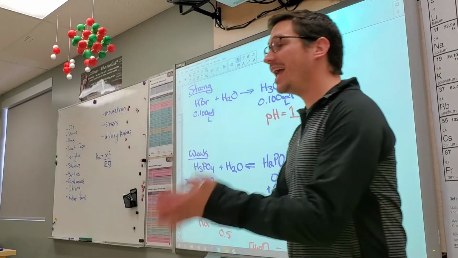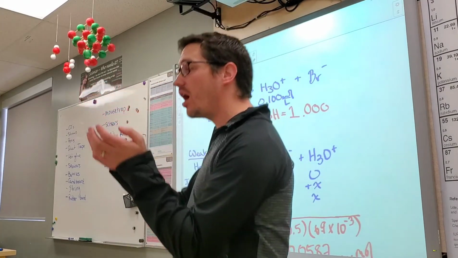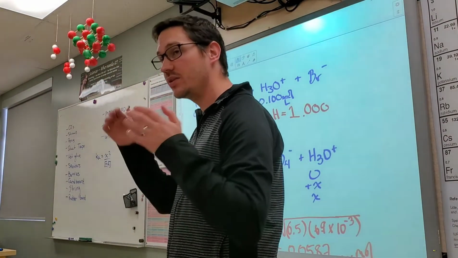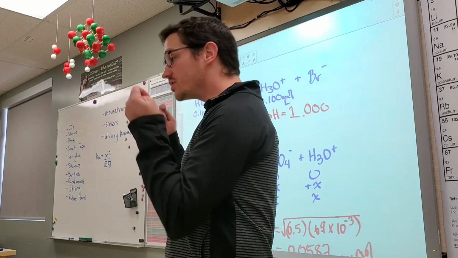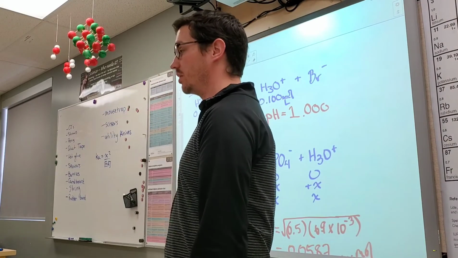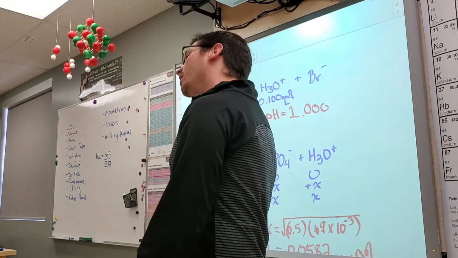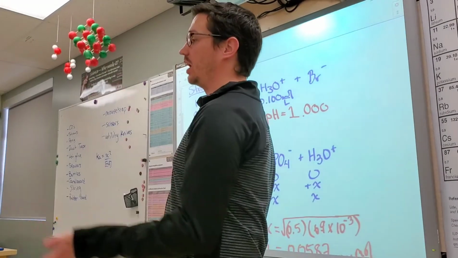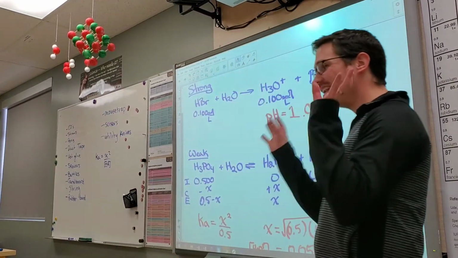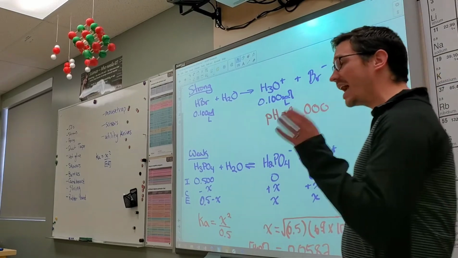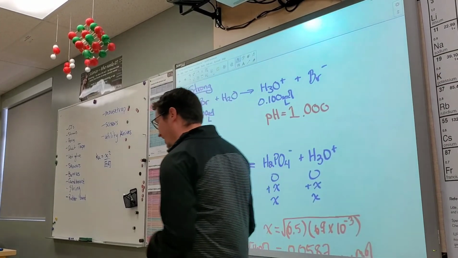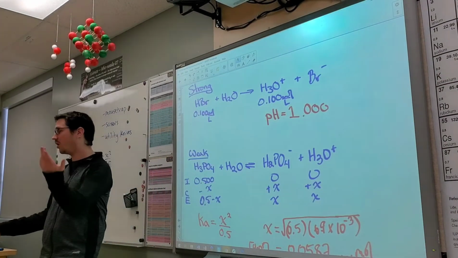As long as it's not 100 times more concentrated or less concentrated, the strong acid will always be more acidic, right? Because 1 out of 100 versus 100 out of 100. Does that kind of make sense?